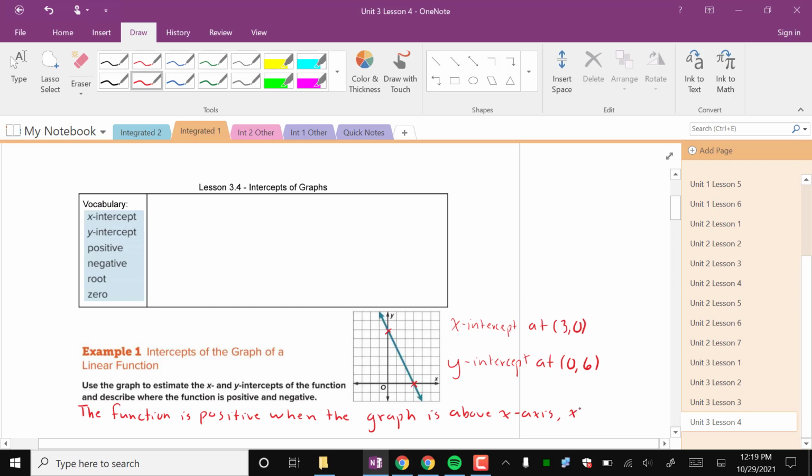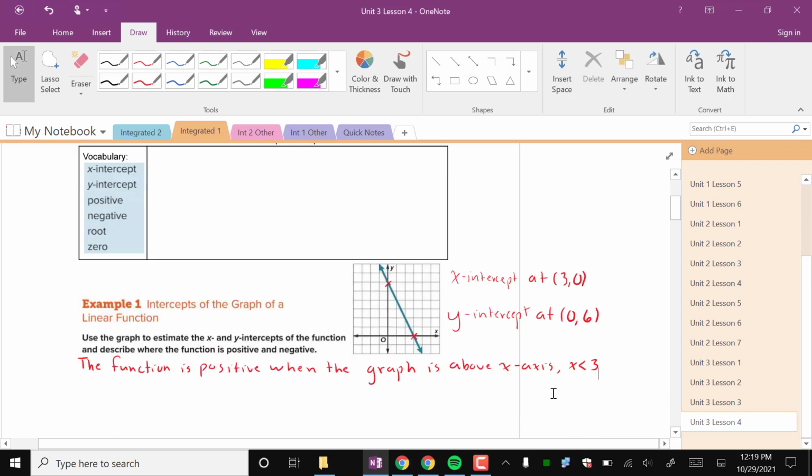So x values are less than 3, because if it's greater than 3, then it's going to be negative.